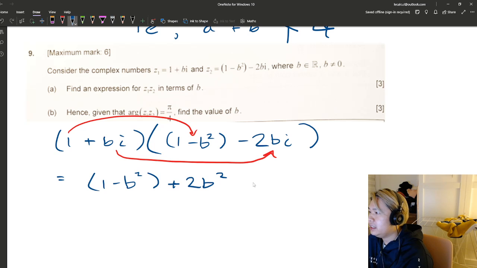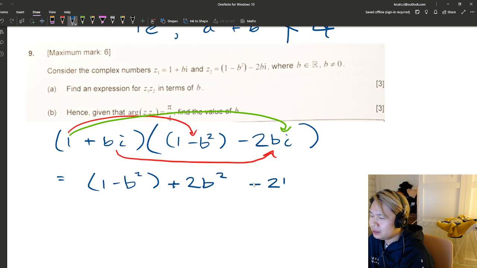Okay, and then let's do the imaginary part. So that's 1 times negative 2bi. So we have negative 2bi. And then we got this one right here, so bi times this, so plus b times 1 minus b squared i.